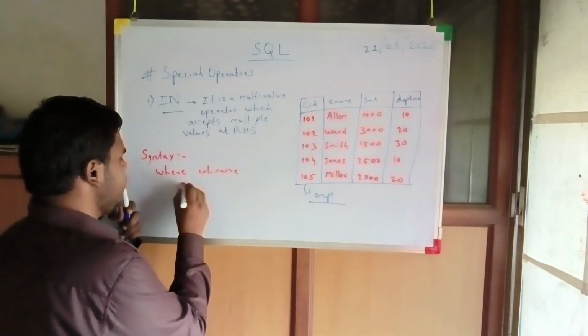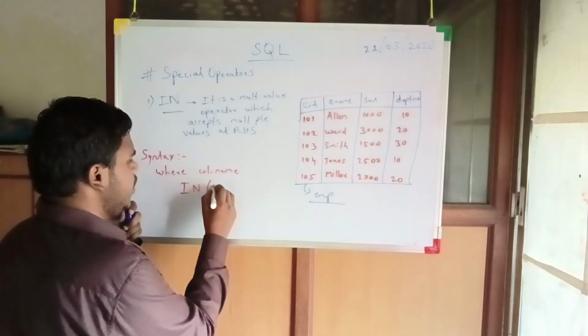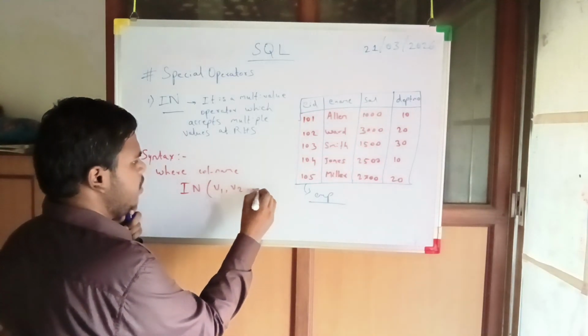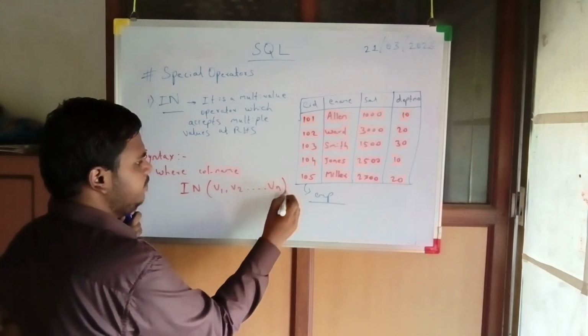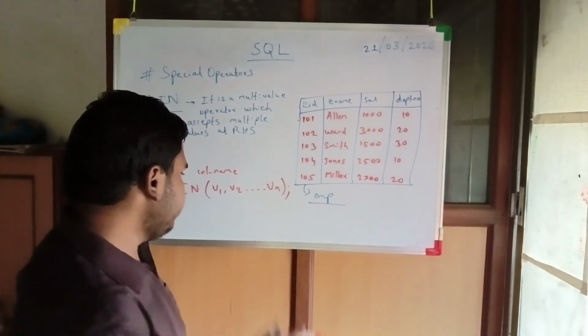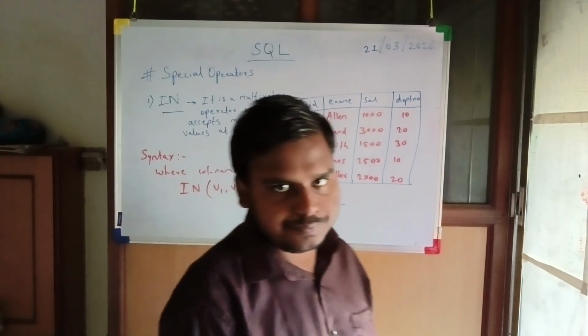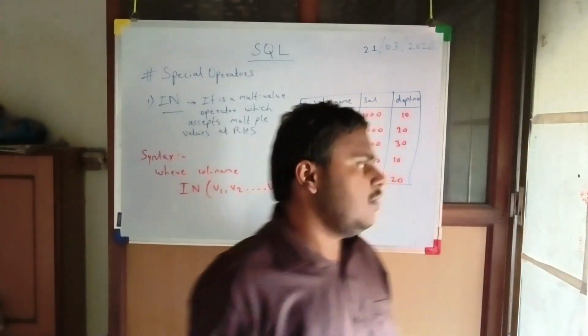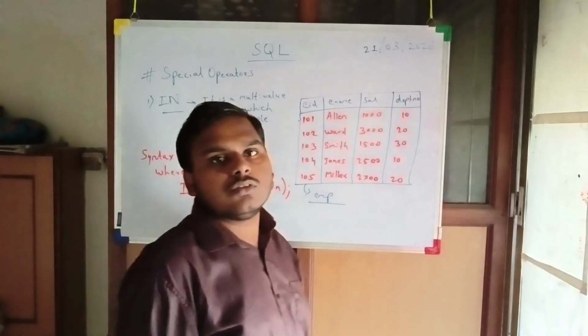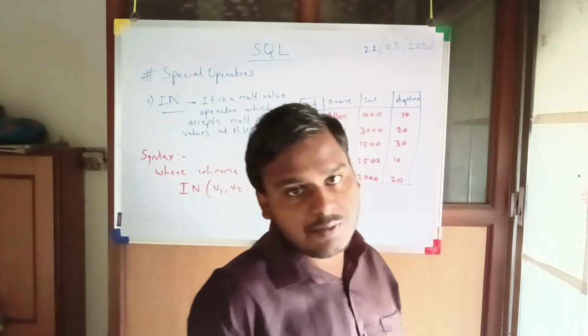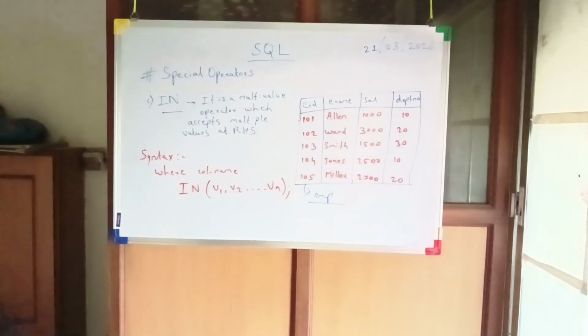WHERE column name IN (v1, v2, ... vn), where n number of values can be there depending on the question. Brackets are very important. This is how we write the syntax of the IN operator. Can we see an example? Yes, we can see the example.